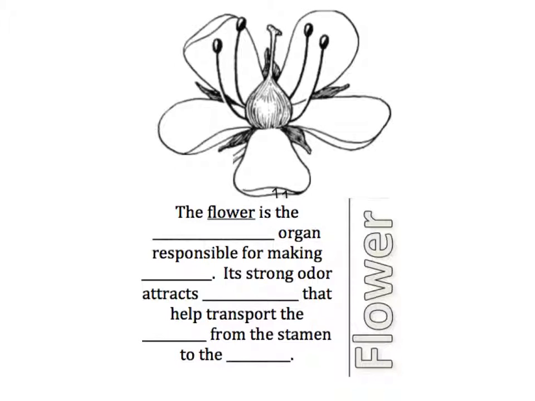What we're looking for is that you identify the system in which the flower is utilized for. So in this case, the flower is the reproductive organ. It's the reproductive organ that's responsible for making seeds.